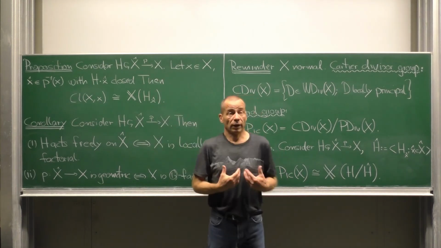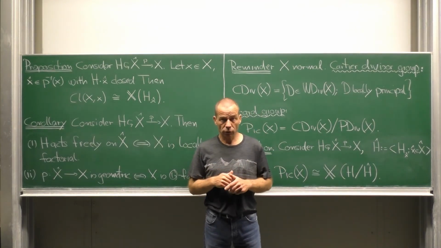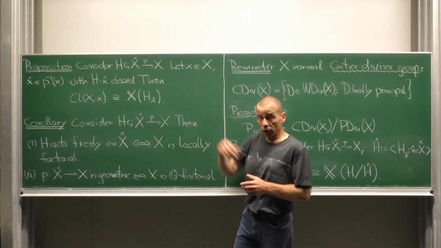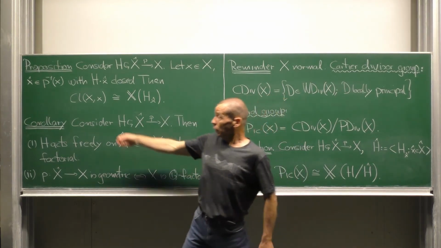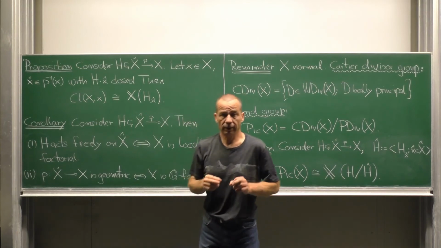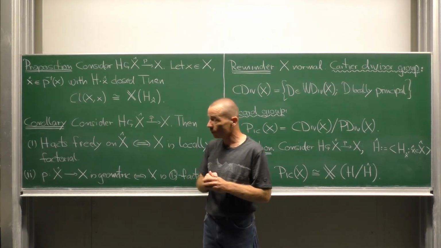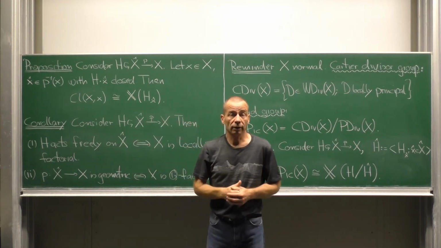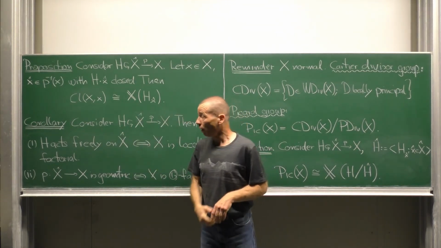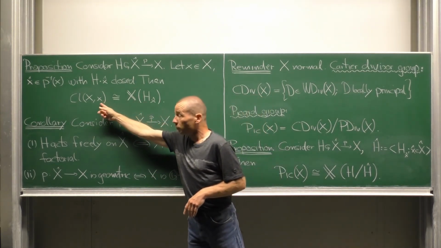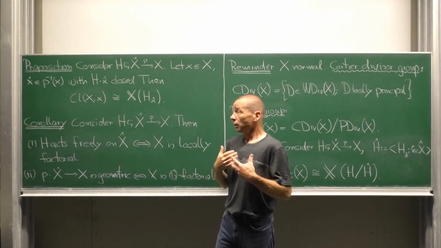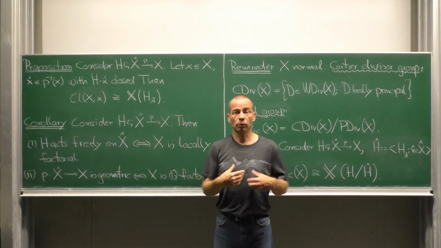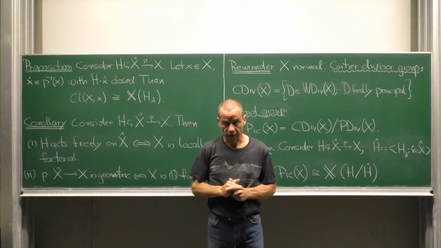So consider the action of the characteristic quasi-torus on the characteristic space. Given a point x, choose a point x hat in the fiber of x such that the H-orbit through x hat is closed. Then the local class group in the point x is the character group of the isotropy group of H in the point x hat.